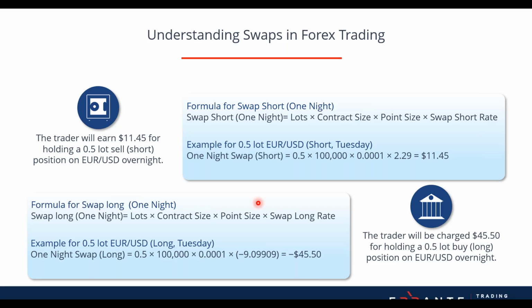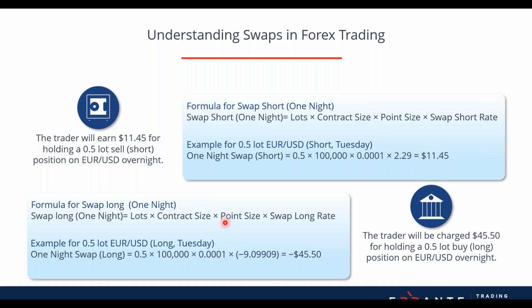If you hold a 0.5 lot short position on your USD on a Tuesday night, your one night swap charge would be calculated as follows. In this case, you would actually earn $11.45 for holding this position overnight. As you see, you have a positive swap here for holding this short position on your USD overnight.